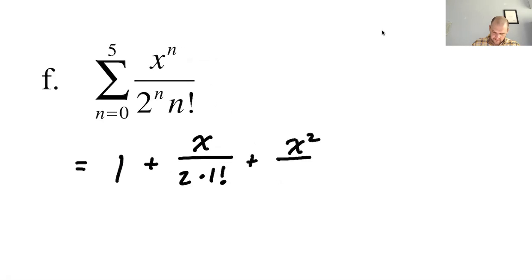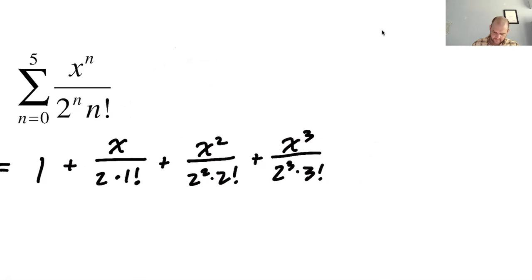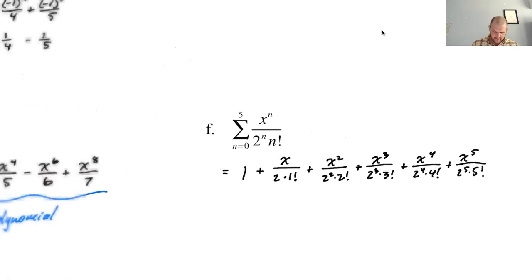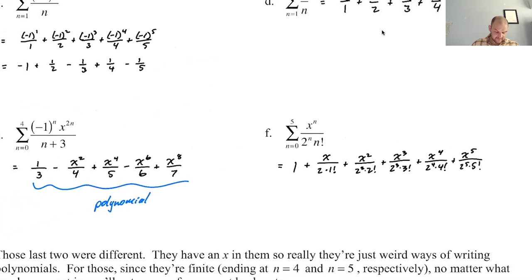We'll get x squared over 2 squared, 2 factorial, x cubed over 2 cubed, 3 factorial, x to the fourth over 2 to the fourth, 4 factorial, x to the fifth over 2 to the fifth, 5 factorial. Okay, and so eventually, not now, but eventually we're going to want to try to figure out if there's a function that we're approximating here.